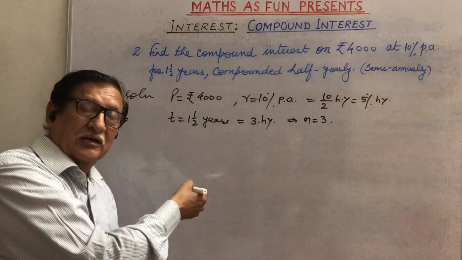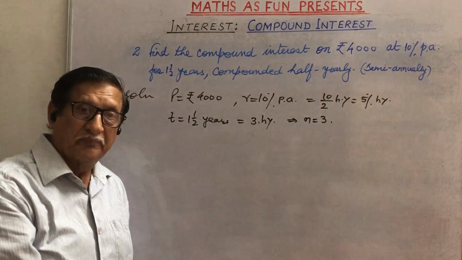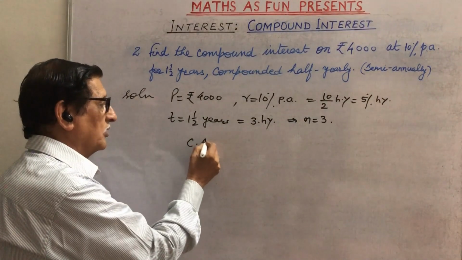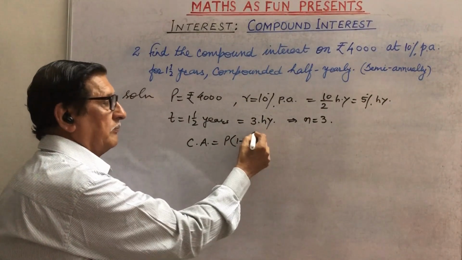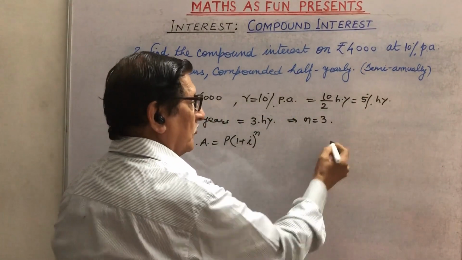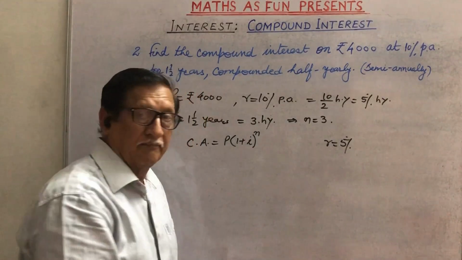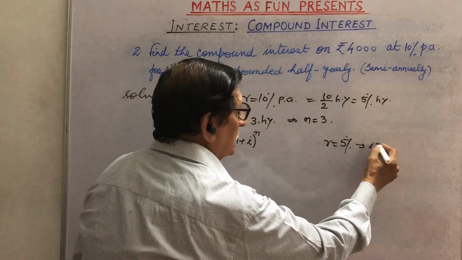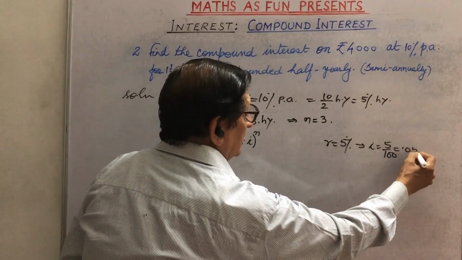And now we can calculate the compound amount and interest the same way as we have done earlier. So compound amount is equal to P into (1 plus i) power n. What is i? We have been given R is 5% half yearly. It means i will be equal to 5 upon 100, or 0.05.